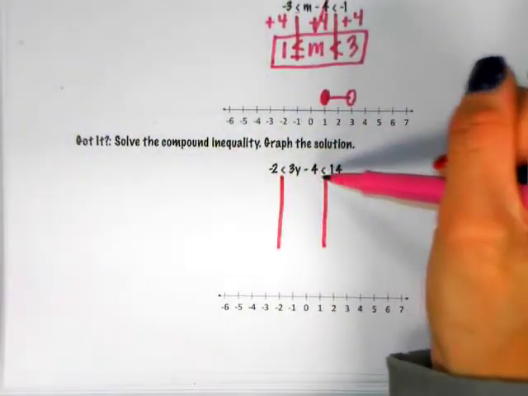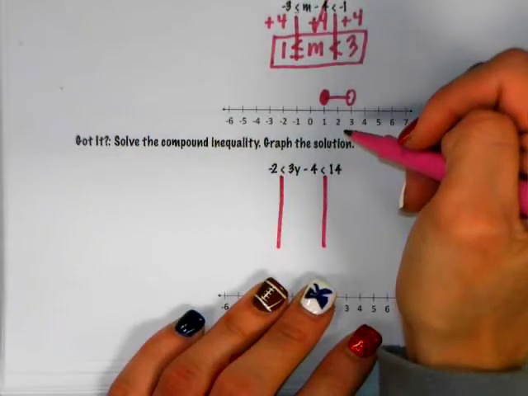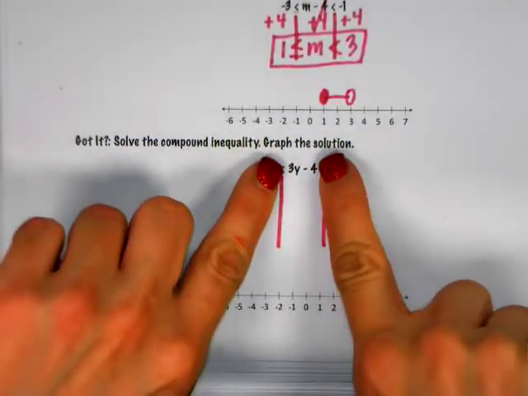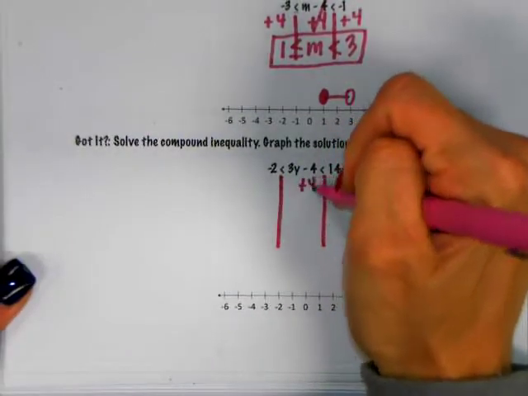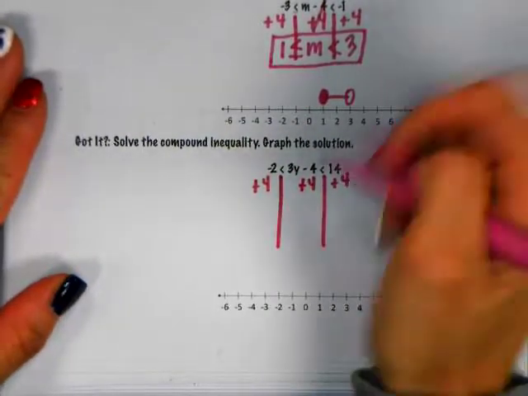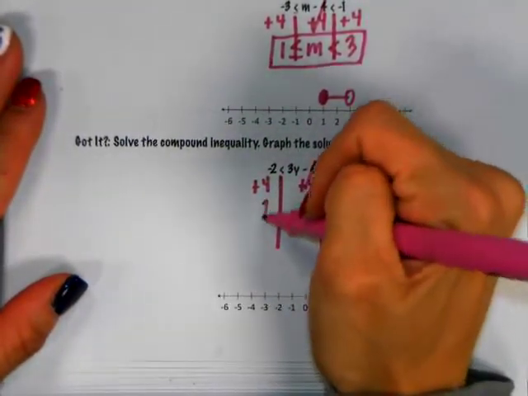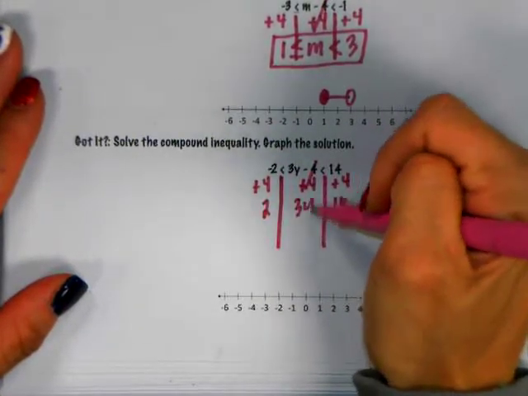What did you guys do first to get the middle solved for? So we're just focusing on the center. What would you have to do first to get the y by itself? Add 4. So you would get 21 = 18, and then 3y.